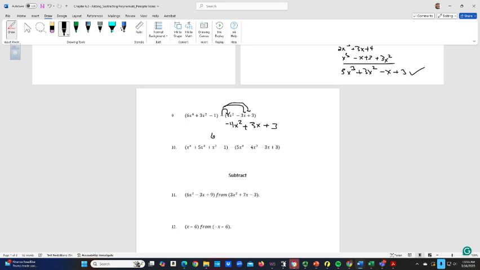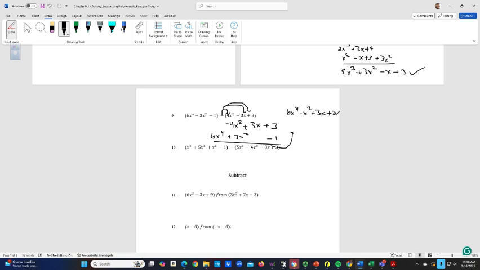So positive 6x to the 4th plus 3x squared, and then minus 1. And then when I combine that, I'm going to get 6x to the 4th minus x squared plus 3x plus 2. And we will be done.